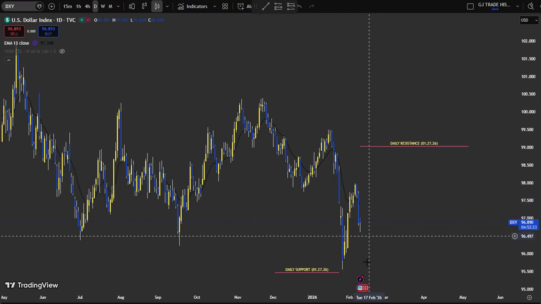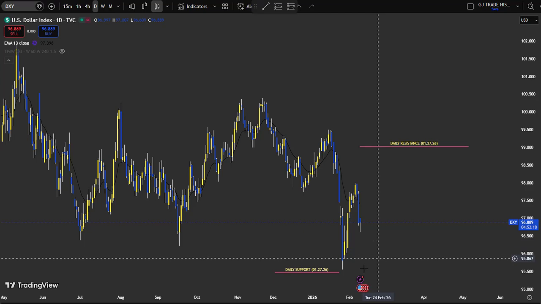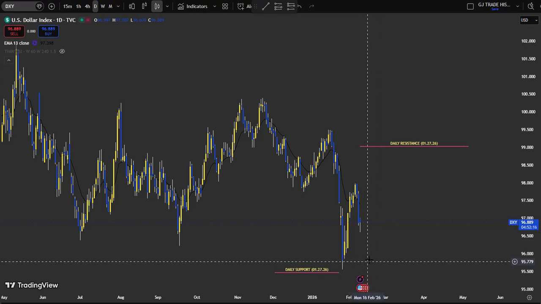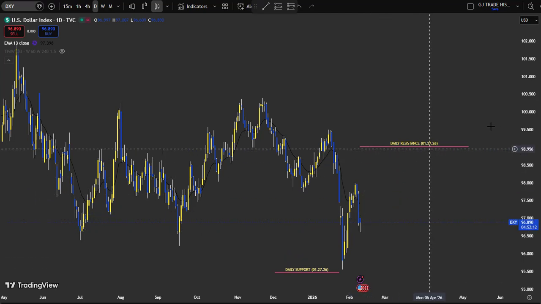If it goes down and retests this level, then we're going to watch what happens after that retest. If price doesn't continue to close lower but bounces off of that level, we may look for some intermediate buys based on the higher time frame movement that's happened.